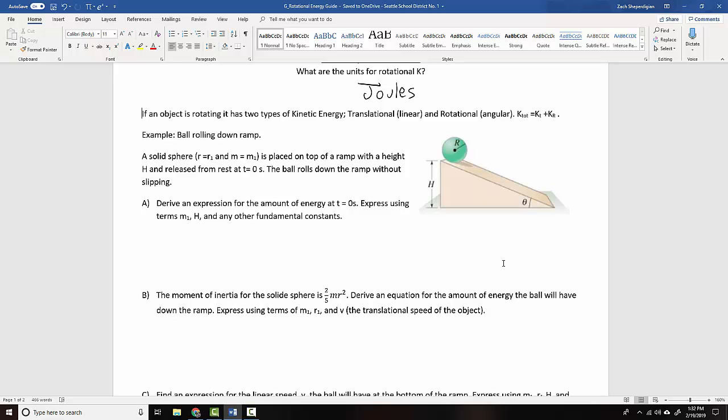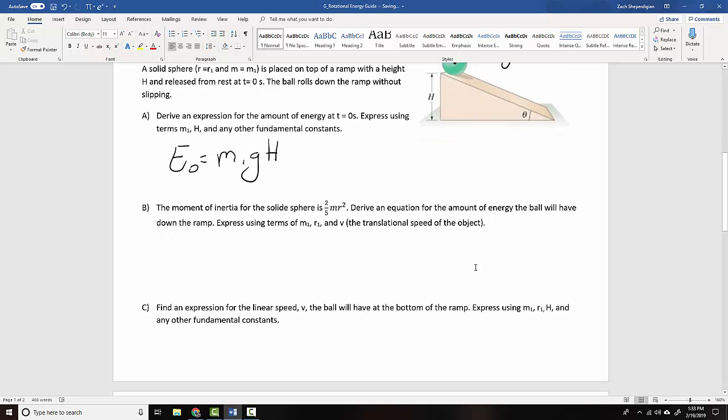We're going to first derive an expression for the amount of energy in the beginning. So we're looking at our initial energy, which is gravitational potential energy, which we know we can substitute as mgh. So our initial energy in the beginning is going to be m1, g, and h. That is how much energy is stored up in the very beginning.